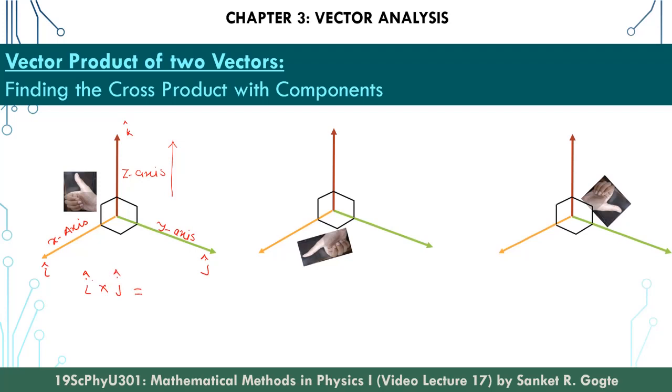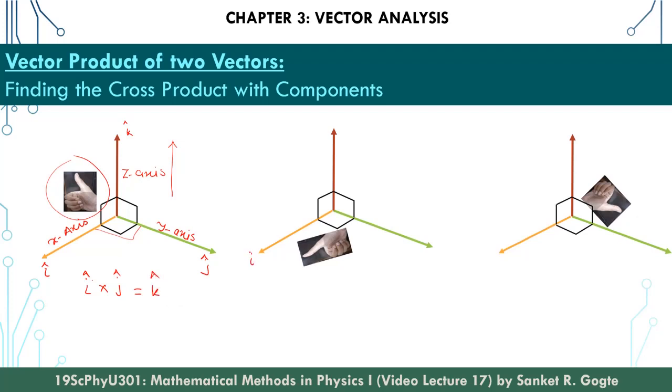Since i and j are both unit vectors, the magnitude is mod i, which is 1, into mod j, which is 1. The angle between these two vectors is 90 degrees, and the direction is given by the right hand thumb rule, which is along direction k. So i cross j is equal to k.